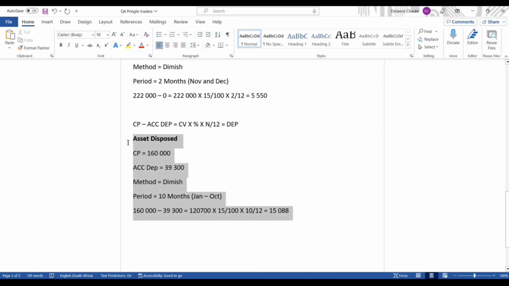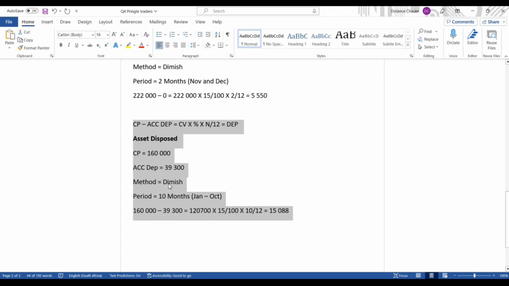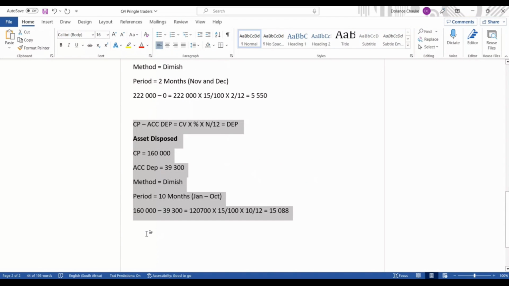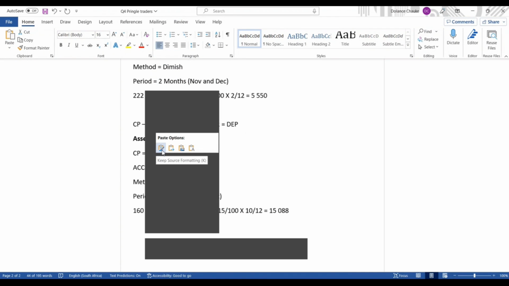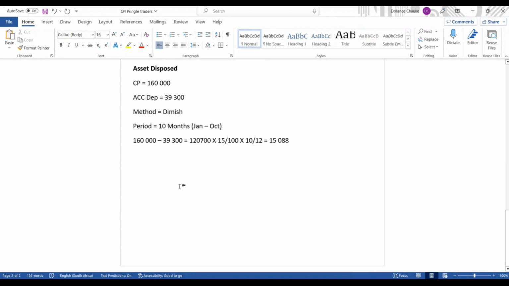Now we are going for the old or remaining vehicles, right? We did the new one, and then we did the disposed. After disposing, we're going for the old one or the remaining.